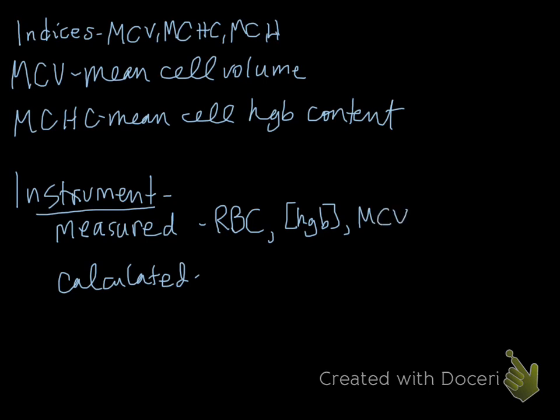That is also measured. What's calculated are numbers that we calculate from these, and so we calculate our hematocrit, and you get that from multiplying your red cell count in millions by your MCV. It's a little bit different, but you can get it that way. And your MCHC, which again is about hemoglobin, is calculated from your hemoglobin that's measured. And this is relevant for things that we'll talk about later.